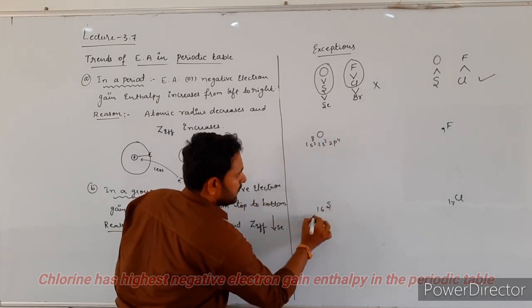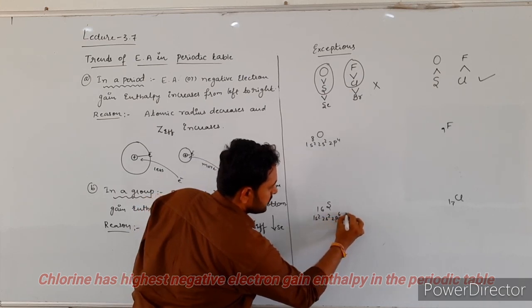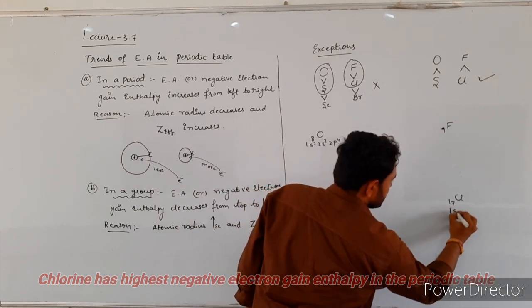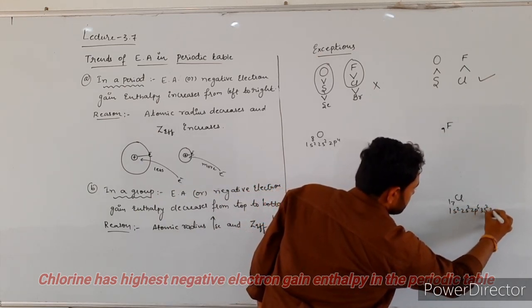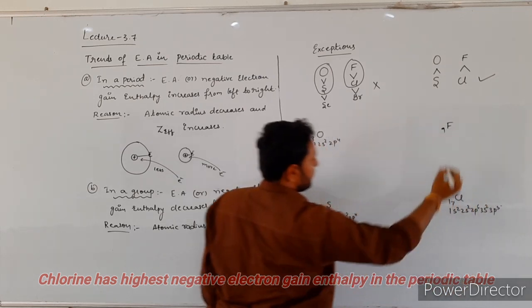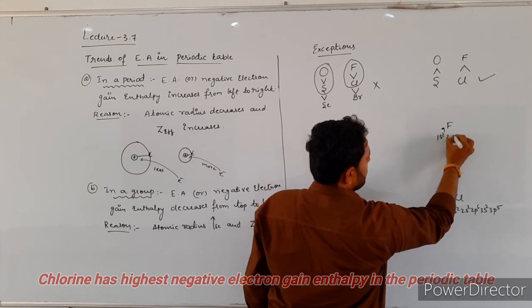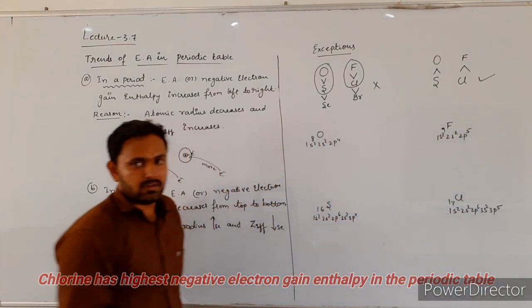For sulfur: 1s2, 2s2, 2p6, 3s2, 3p4. For chlorine: 1s2, 2s2, 2p6, 3s2, 3p5. For fluorine: 1s2, 2s2, 2p5. These are the electronic configurations.